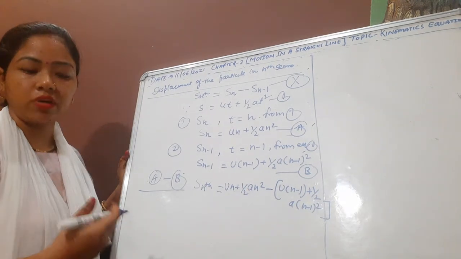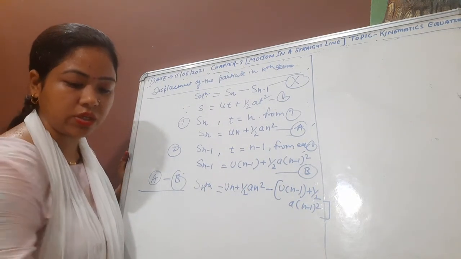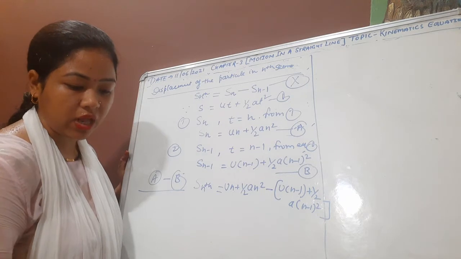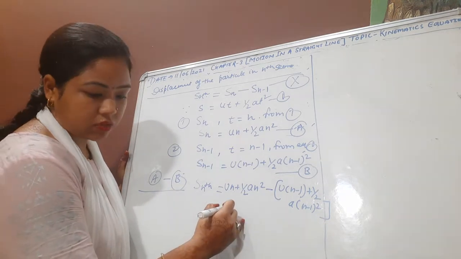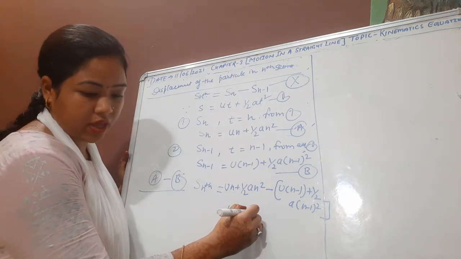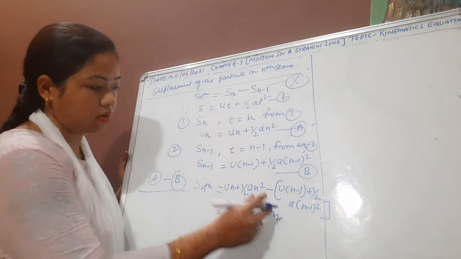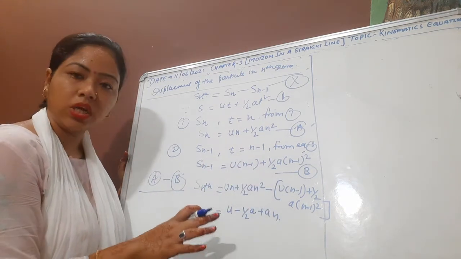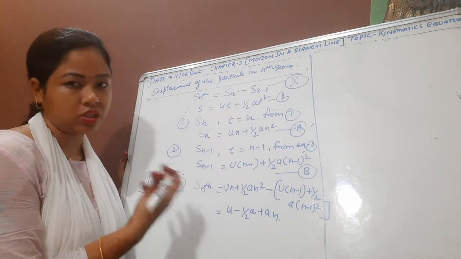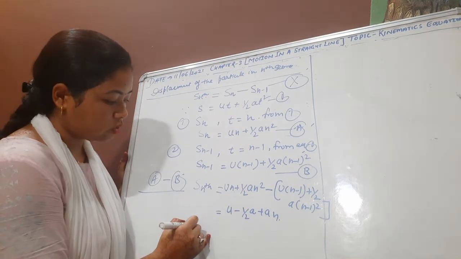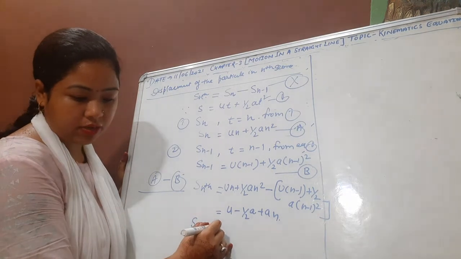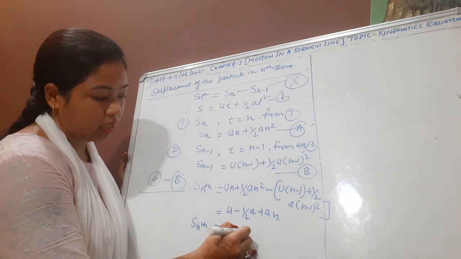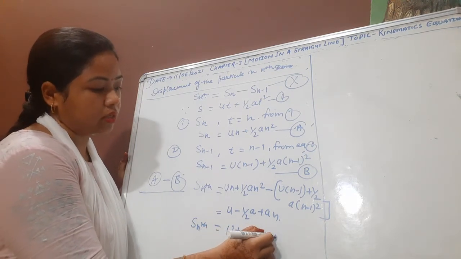So children, whenever you solve these equations, what final answer will we get? This will be u minus half a plus an. After solving this value, this is algebraic calculation, so you can do it yourself, right? So Snth, finally we will get u plus a by 2 times (2n minus 1).